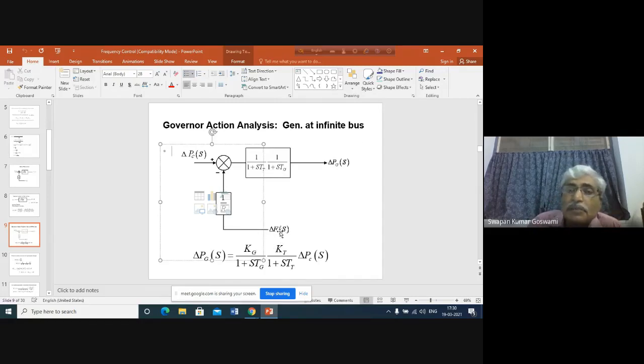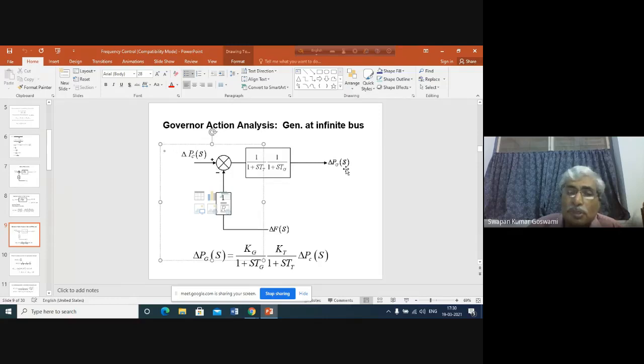Since delta Fs is zero, what is the relation between the power increase command and the mechanical power input to the generator? We can say that this is also the power output of the generator, provided the generator is represented by a transfer function equal to 1. For now we are assuming that. Okay, if that is so, then what is the relation between the power increase command and the power output?